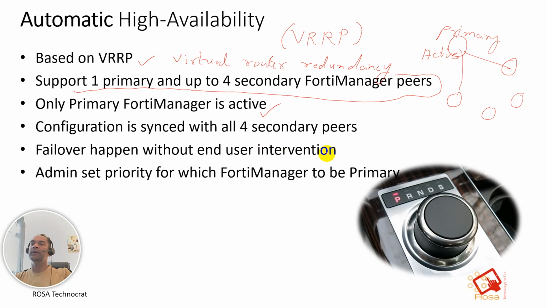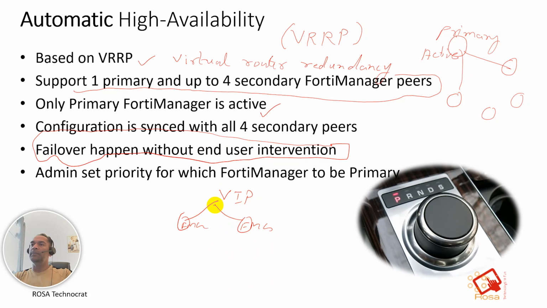Failover can happen without user intervention. This is the biggest difference between the old method and the VRRP method. What happens in the VRRP method is when you have 2 FMGs, there will be a VRRP protocol running between them and there will be a virtual IP assigned.